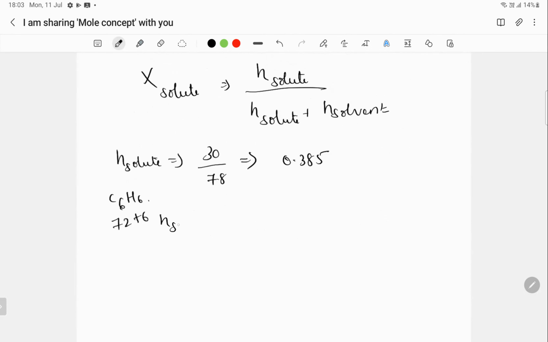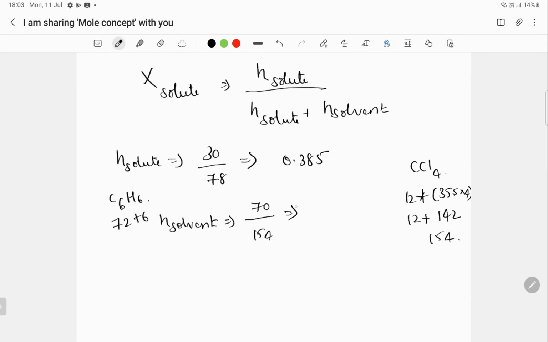Next one, number of moles of solvent. For number of moles of solvent, it is 70 divided by the molar mass of carbon tetrachloride, 12 plus 35.5 into 4. So 12 plus 142, 154. So the answer for this is 0.455.